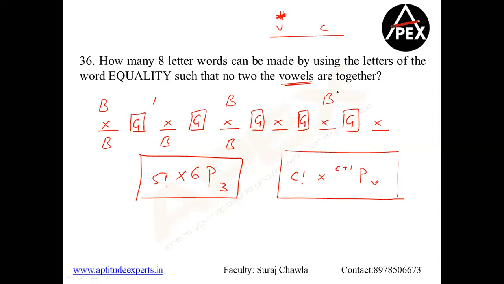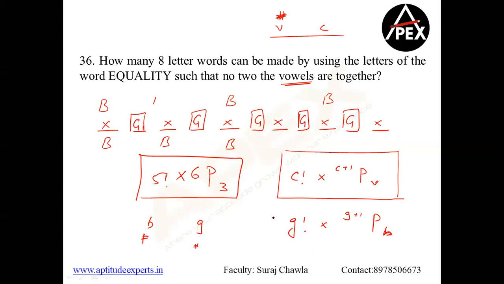So if the condition is on vowels, I will go with the opposite part. If I have boys and girls, suppose the condition is on boys. The formula is simple: G factorial into G plus 1 P B. What if the condition is on girls? Then you'll go reverse. Do not worry about that.